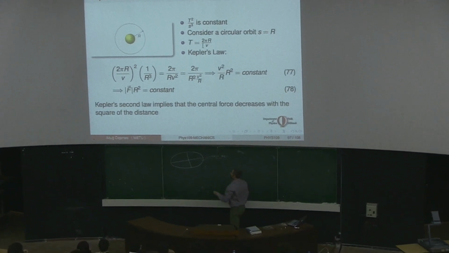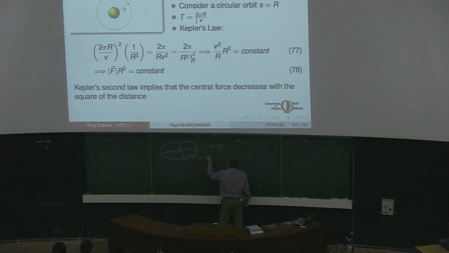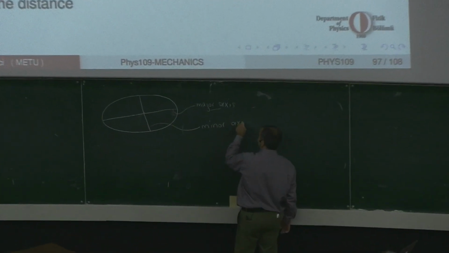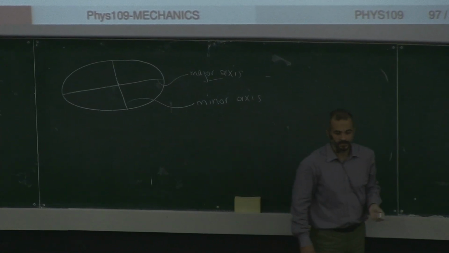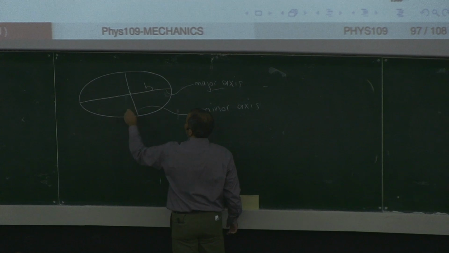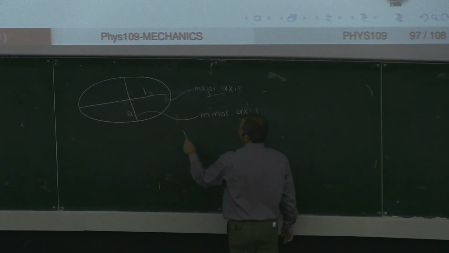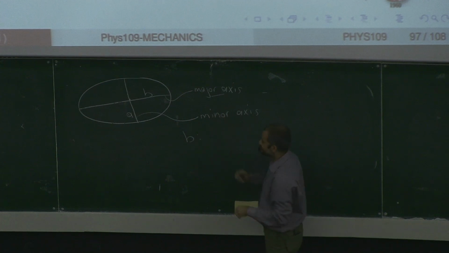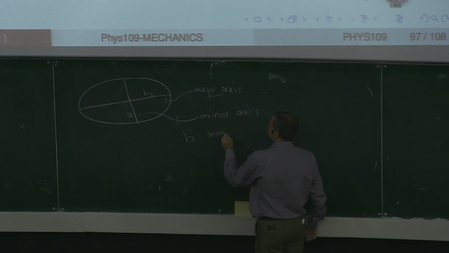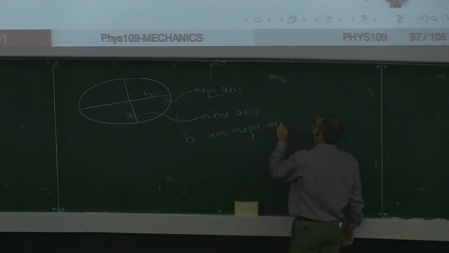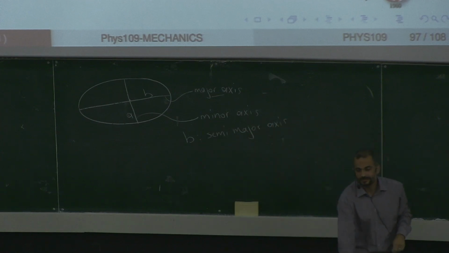And the other one is the minor axis. It is the smaller axis of the ellipse. And the half of these sides, B and A, well, B is half of the major axis, the semi-major axis. In the notation of your book, B is S.